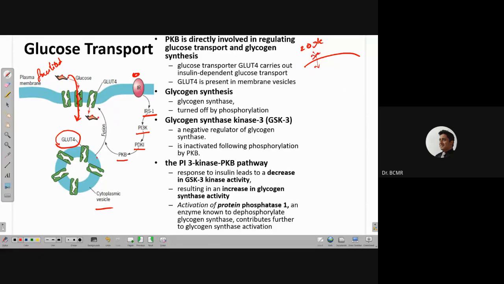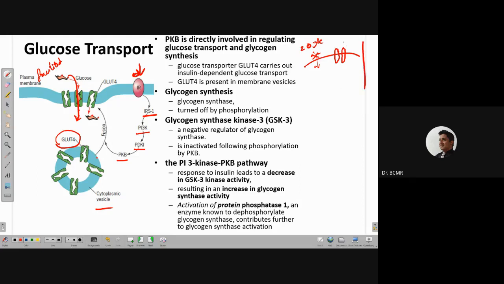Glucose cannot move through the cell membrane. But upon stimulation by insulin, the GLUT4 vesicles fuse, and now you have GLUT4 on the surface. As I said, it is passive diffusion and there is a gradient.